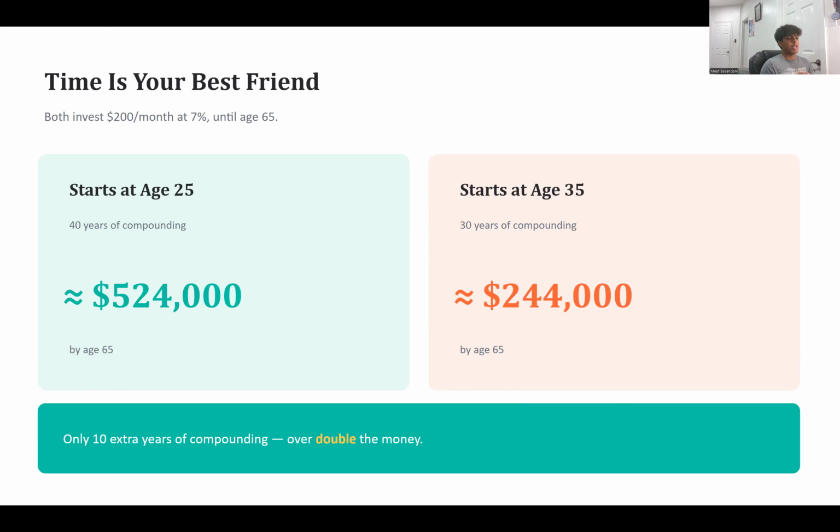Person B starts at age 35, just 10 years later, and that's only 30 years of compounding. By 65, they'd have roughly $244,000. Ten extra years, more than double the final amount. That's the power of starting early. Time does most of the heavy lifting for you in these cases.